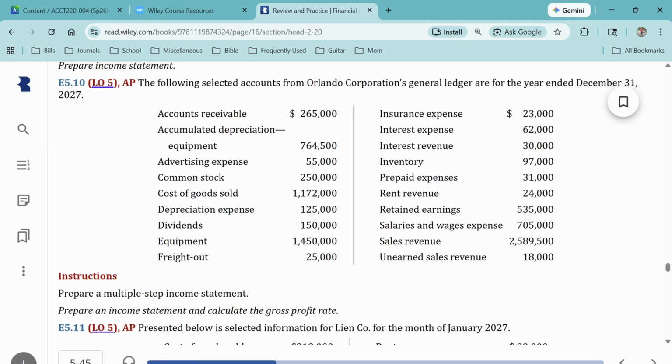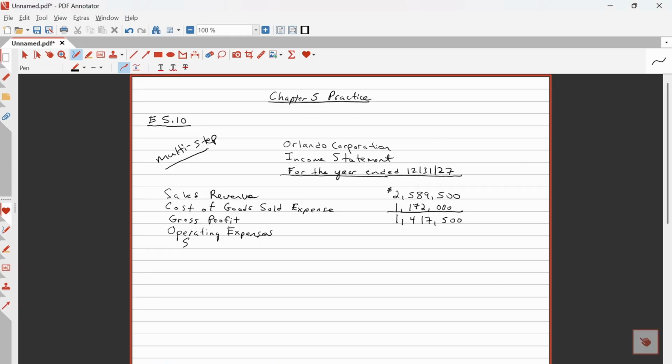So prepaid expenses is not an expense, it's an asset. Salaries and wages expense is an operating expense. That's the biggest one for most companies, other than cost of goods sold. So you usually list them in descending order in terms of how big they are. So salaries and wages expense will be the first one.